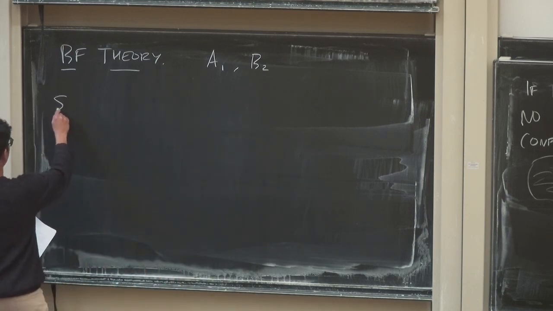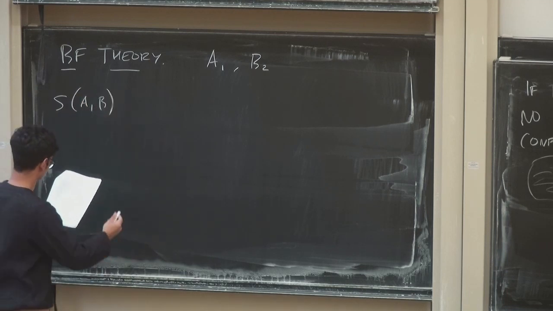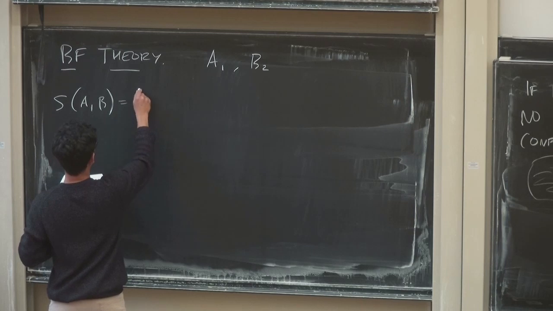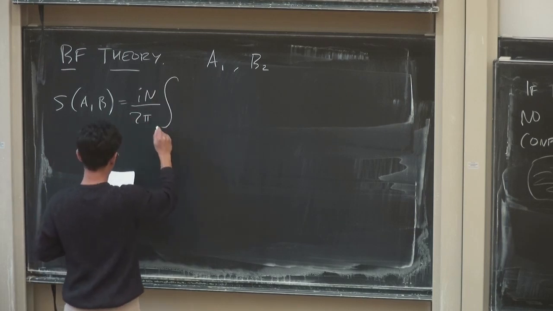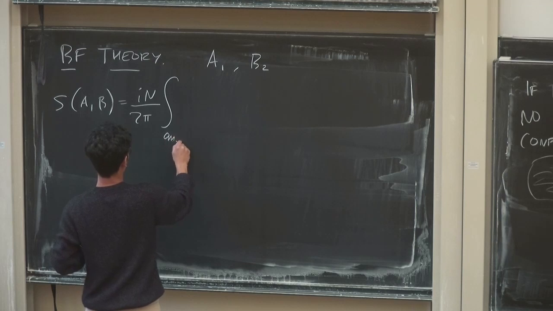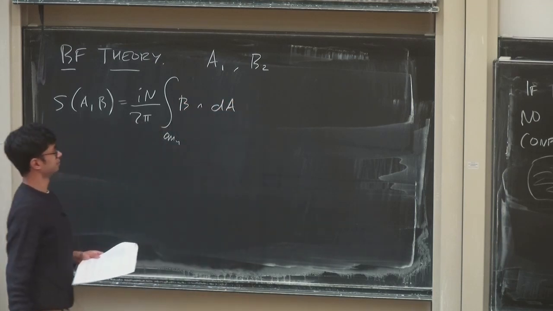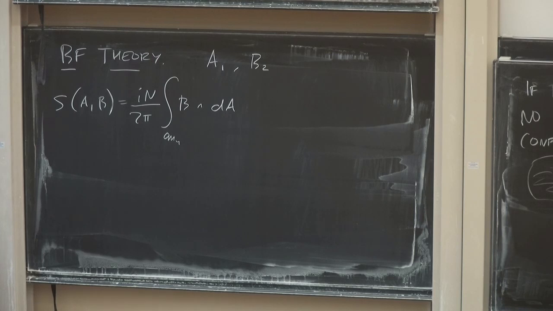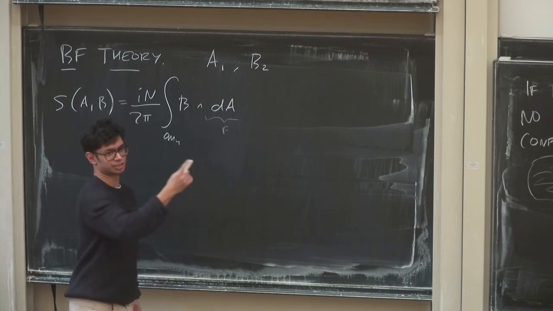The action of BF theory can be written like this: it's equal to iN divided by 2π, integral over M4, of B wedge dA. It's called BF theory because sometimes people write this as F, and then the action is BF.